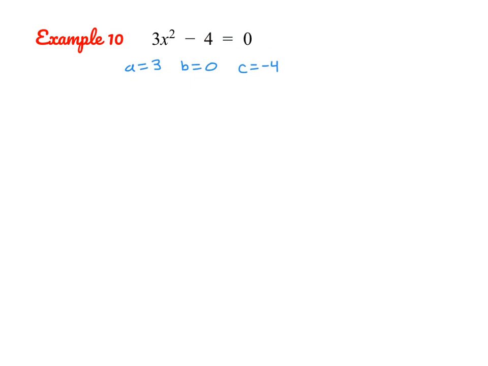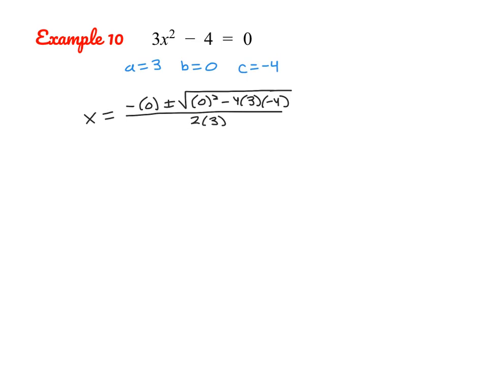And now let's plug it into the formula. So x equals negative b plus or minus the square root of b squared minus 4 times a times c all over 2 times a. So let's start simplifying.